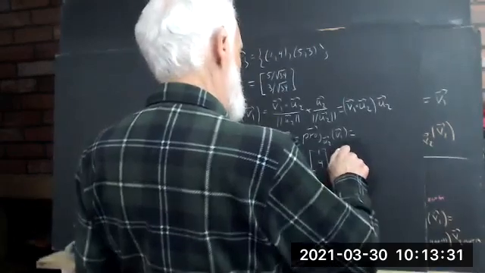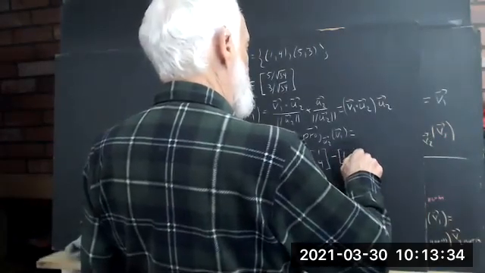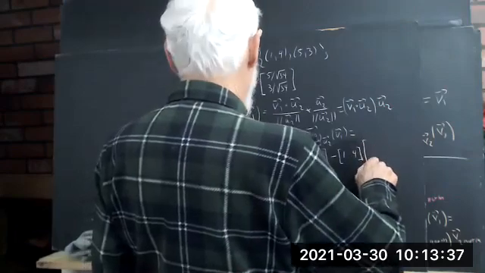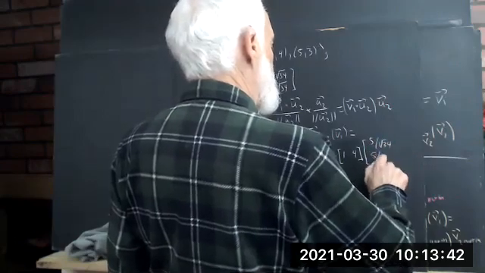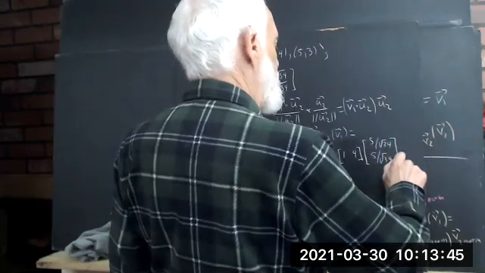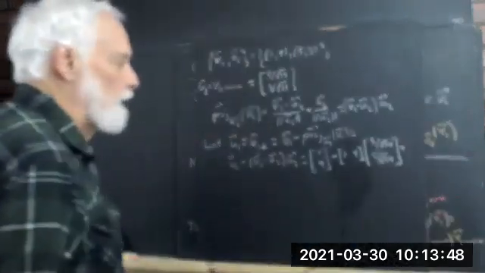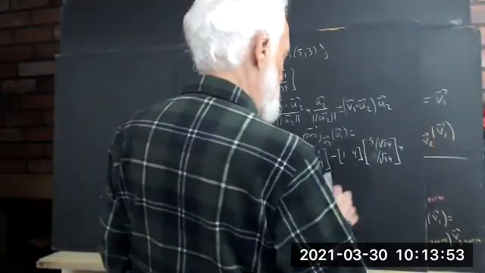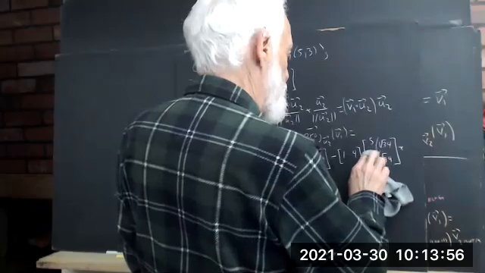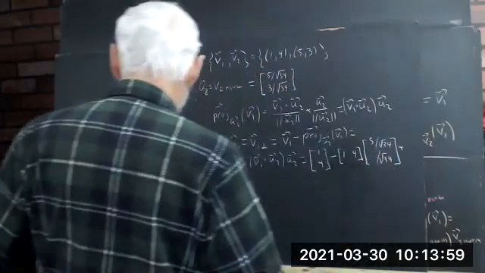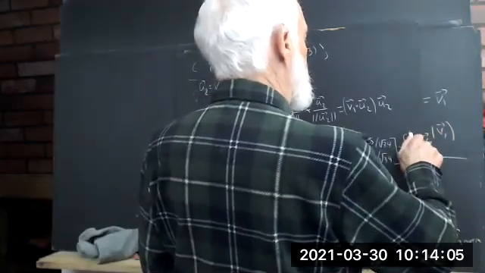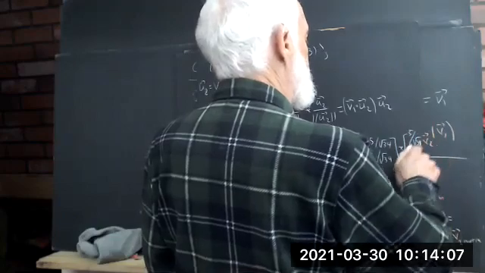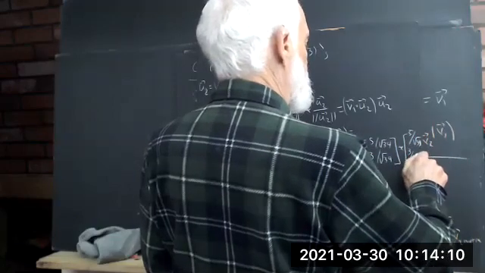It's going to be minus 1, 4 multiplied by 5 over the square root of 34, 3 over the square root of 34, times the 5 over square root of 34, 3 over the square root of 34.